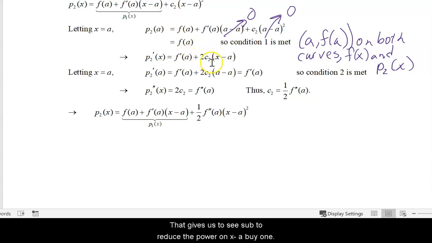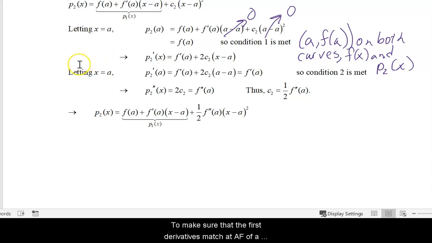That gives us 2 C sub 2. Reduce the power on x minus a by 1, and then multiply by the derivative of the inside. Since we're taking the derivative with respect to x, and a is known to be a constant, the derivative will be 1, so it doesn't need to be written. This will represent the first derivative of P sub 2 of x.